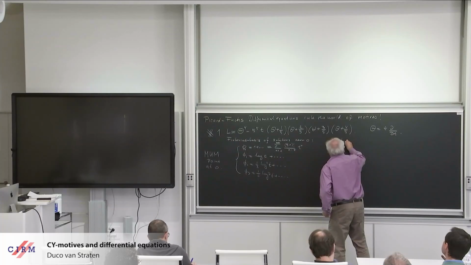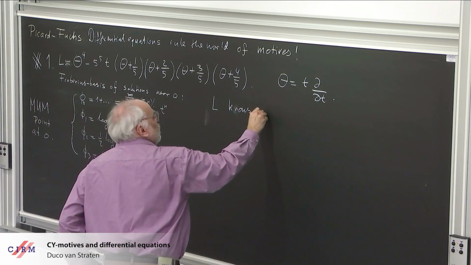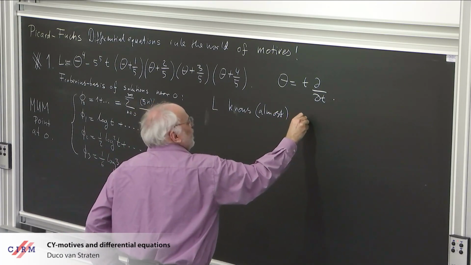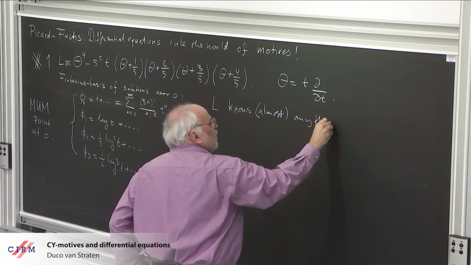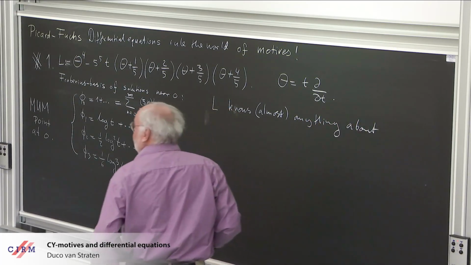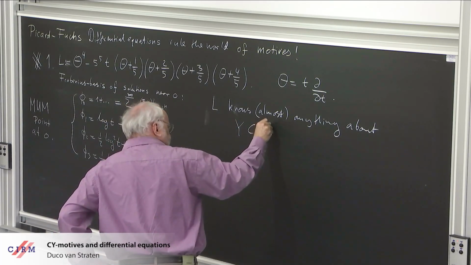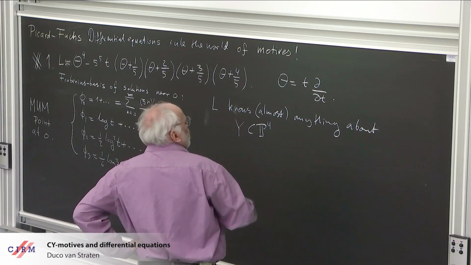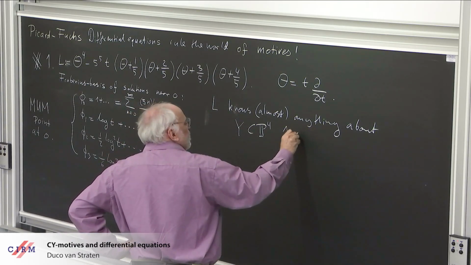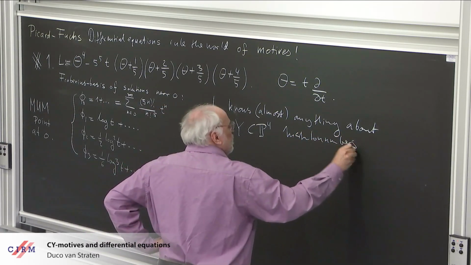L knows almost anything about the enumerative geometry of the quintic in P4. And in particular, its instanton numbers.